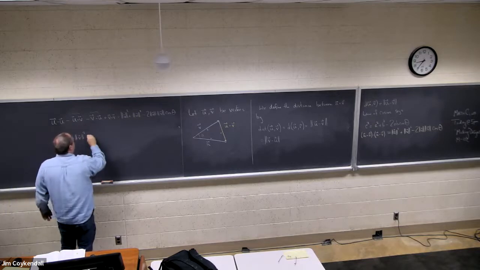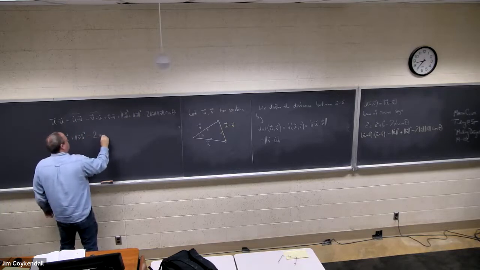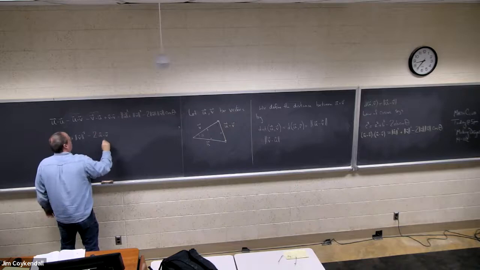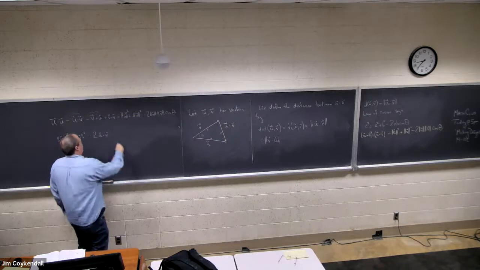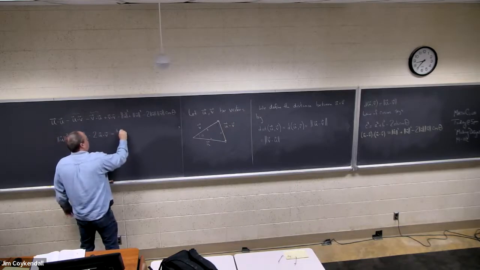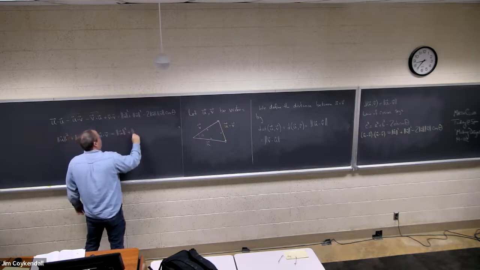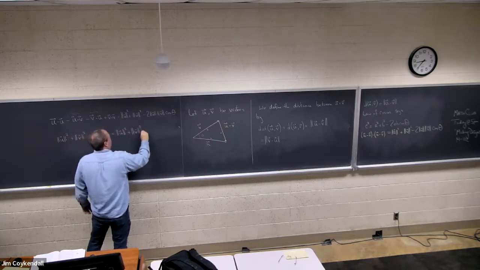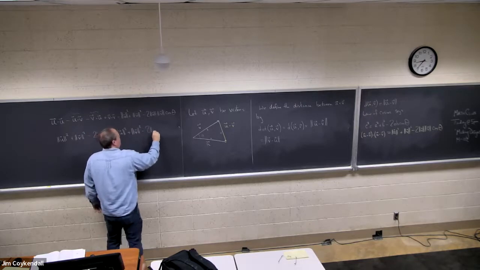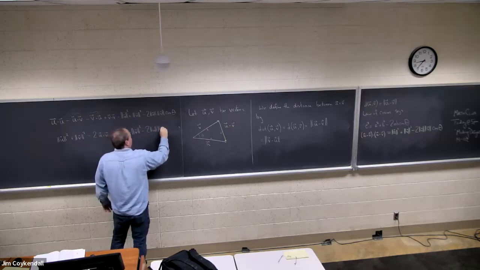I've got two of these things, equals the length of u squared plus the length of v squared minus 2 times the length of u times the length of v times cosine.